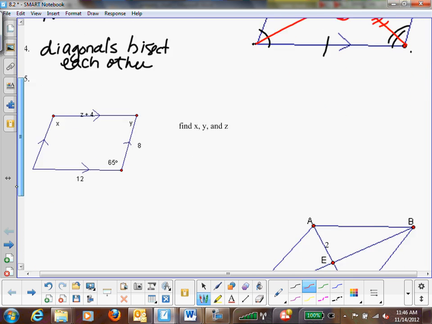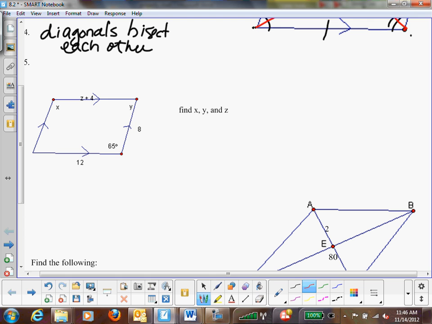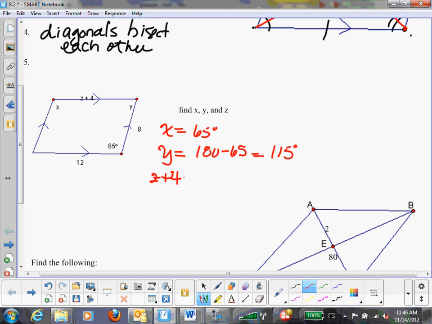Okay. All right. So find x, y, and z. What is x going to equal? Yeah, that's easy. What's y going to equal? So we get that by subtracting 65 from 180 because adjacent angles are equal to 180. Okay. And how do we figure out what z is? z plus 4 equals 12.